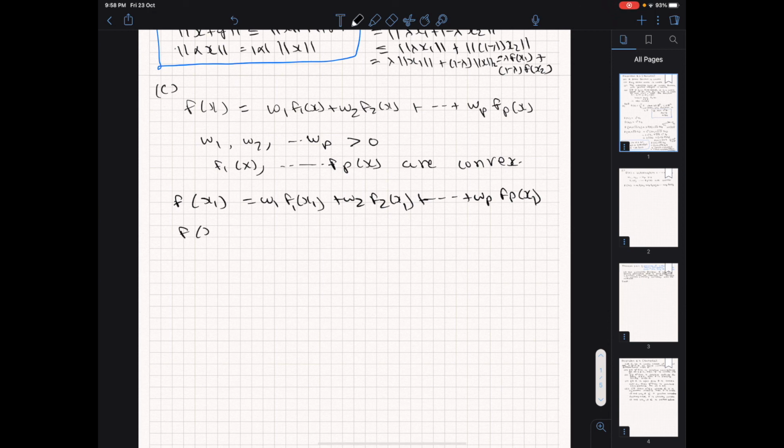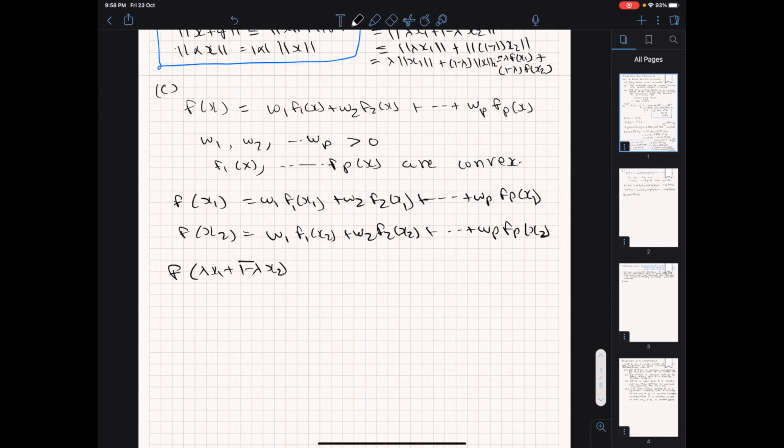What is f of x2? Again the same weighted sum, but now evaluated at x2. And to prove the convexity of this function, what we should do is evaluate it at an intermediate point on the line segment from x1 to x2.